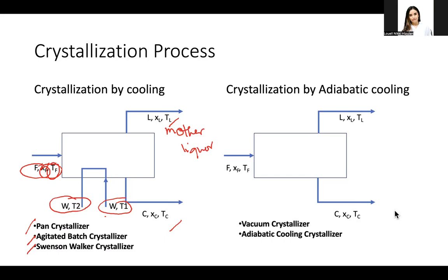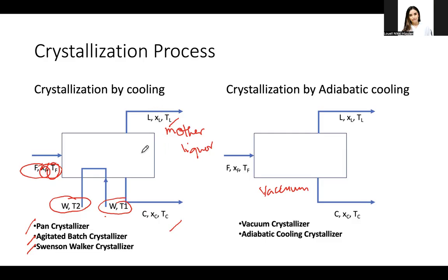Now, for crystallization by adiabatic cooling, there is no external heat exchanger used. So you don't need to add a cooling liquid. Instead, the system cools itself by evaporation under vacuum pressure, meaning it loses heat through vaporization of part of the solvent.